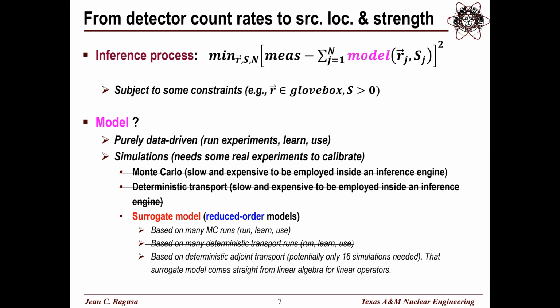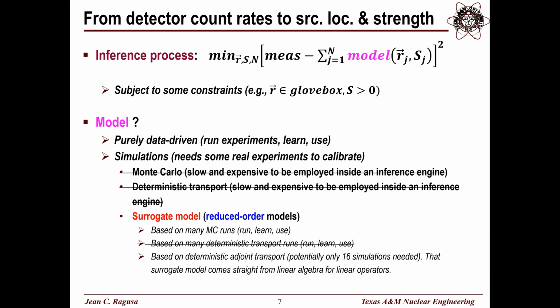We can replace the model above with simulations that we run ourselves. The problem with radiation transport is that our equation is very expensive to solve. Statistical methods or deterministic methods, they're way too slow to be put into an inference engine.